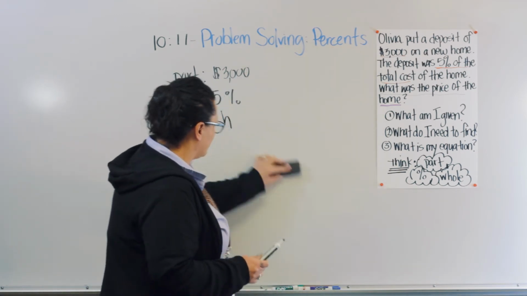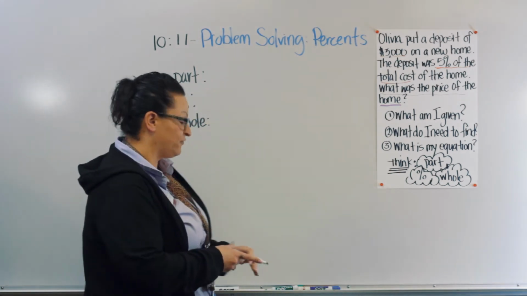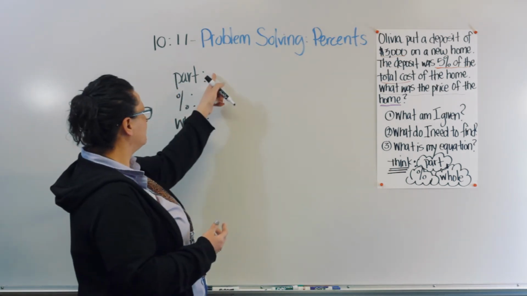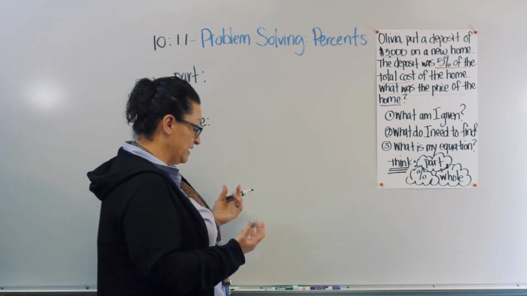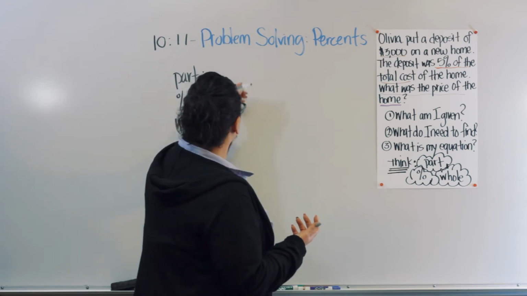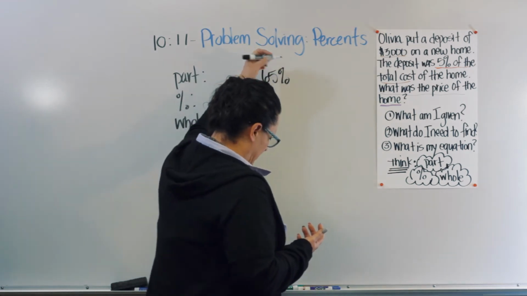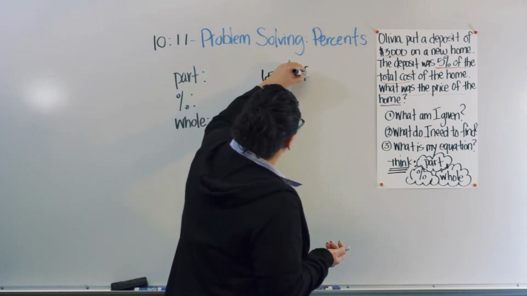Okay, so the second part is what if they asked in the problem to find the part, okay? So that would be this part. But they gave us the percentage and they gave us the whole, okay? So if they told us 65% of 400 is what?